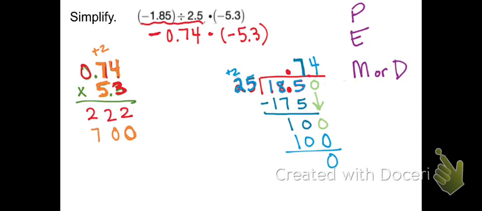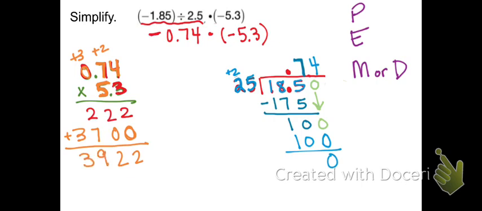So I'll put the 7 here and carry the 3. And 0 times 5 is 0, plus 3 is 3. Now that we've multiplied the 0.74 by the 3 and then also the 5, we add those together and we get 2, 2, 9, 3.